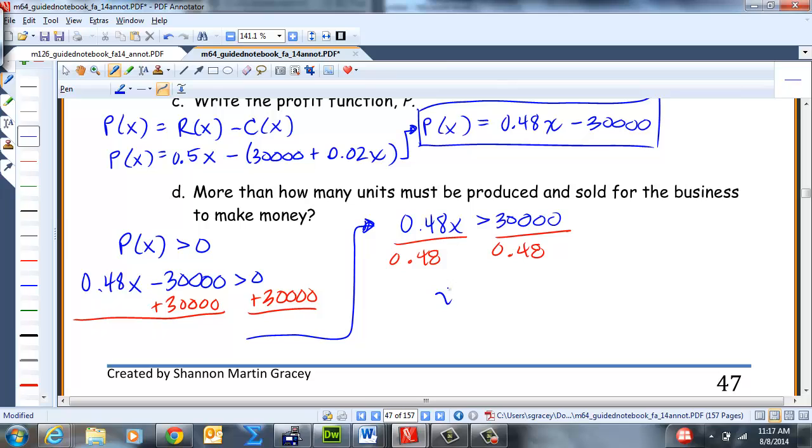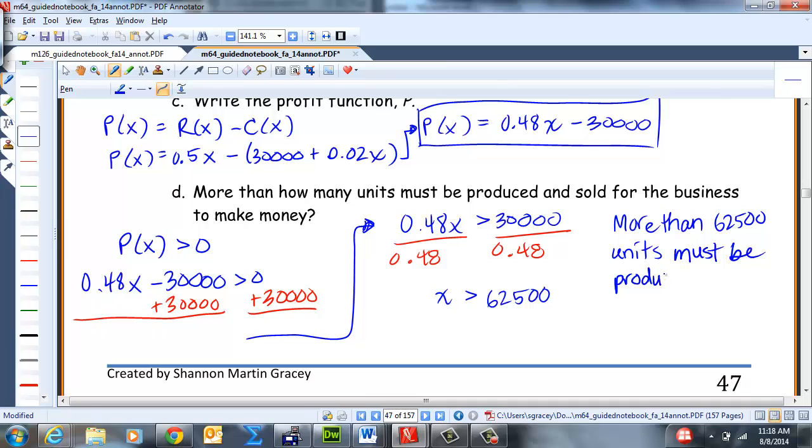So x must be greater than 62,500 to make money. So more than 62,500 units must be produced and sold for the business to make money.